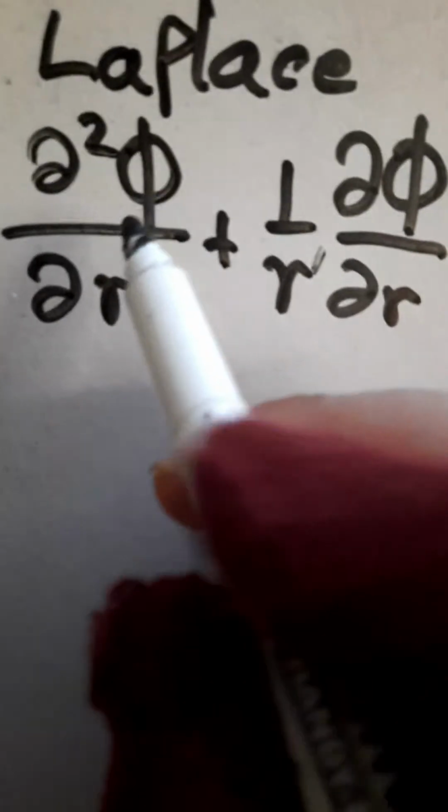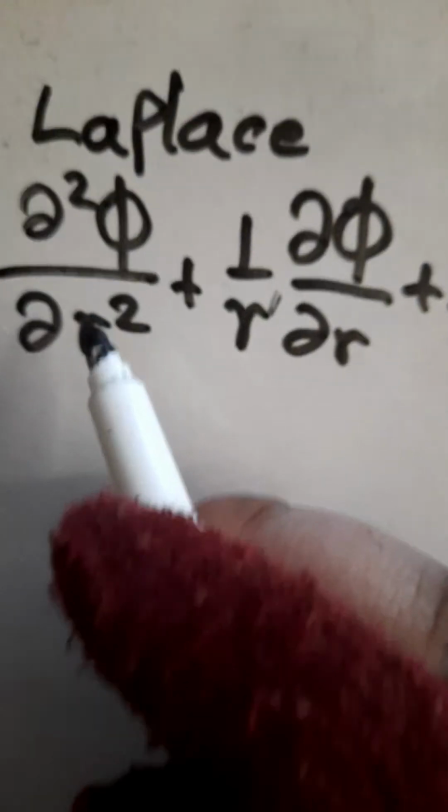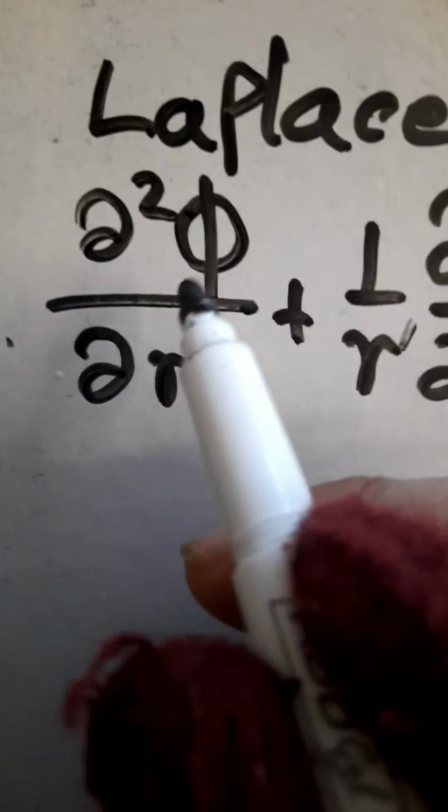So del square phi by del r square, plus now I reduce the power. This was the first function. We have to take the derivative of this function with both the functions inside it, r and theta. So first we choose r. Since this is a square function, we take the double derivative, del square phi by del r square, with respect to r.